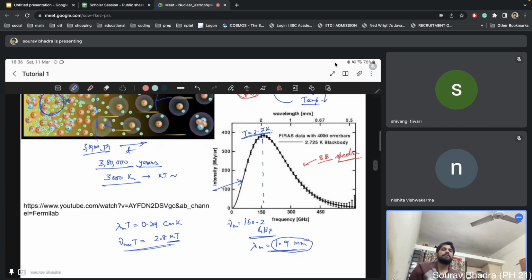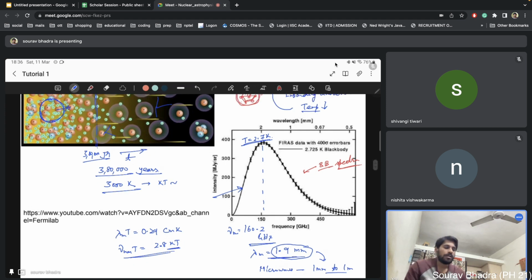So we have different types of electromagnetic waves. The microwave generally is 1 millimeter to 1 meter. So this lies in this range, and that's why we call it cosmic microwave background. That's why the microwave name comes. Okay, so this is the main thing, cosmic microwave background, and as I told you, this CMB is coming from all over the universe.